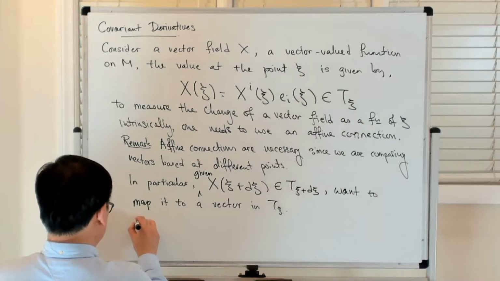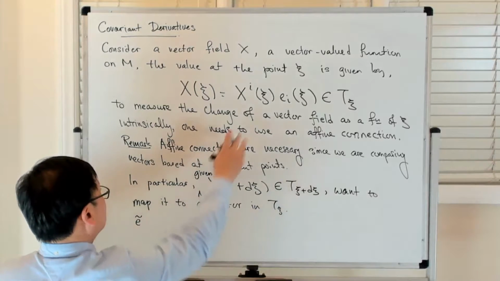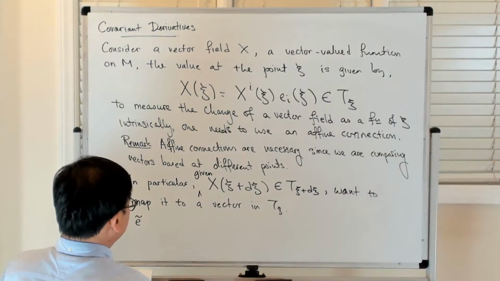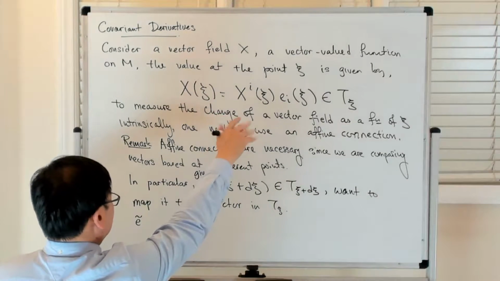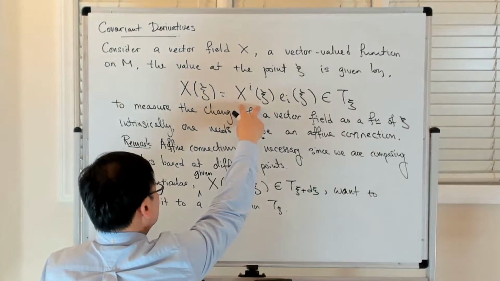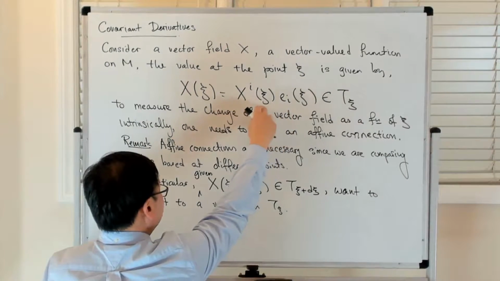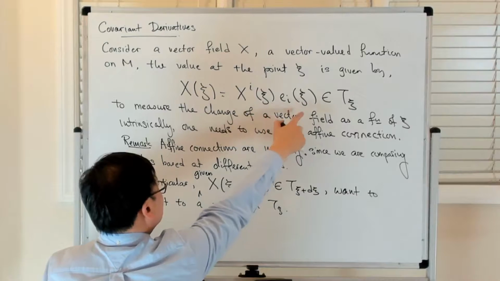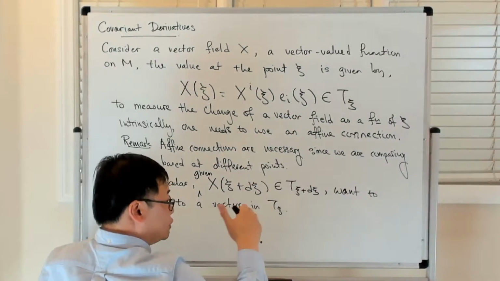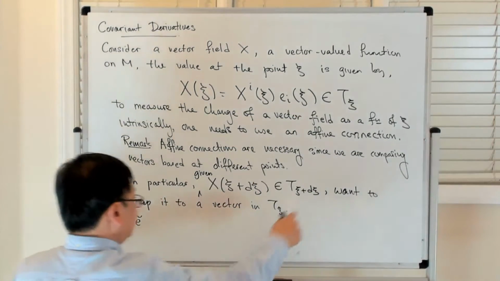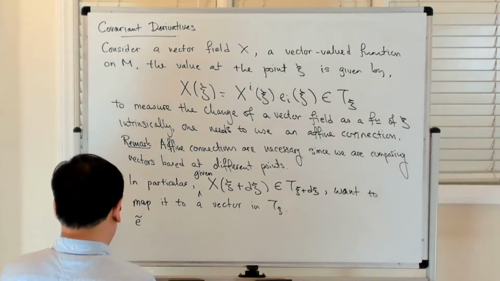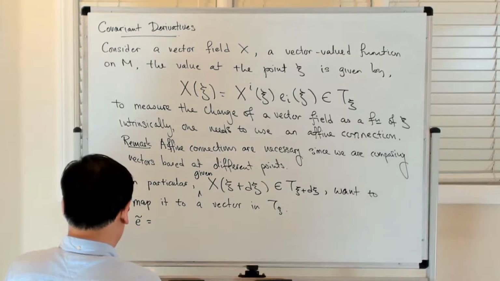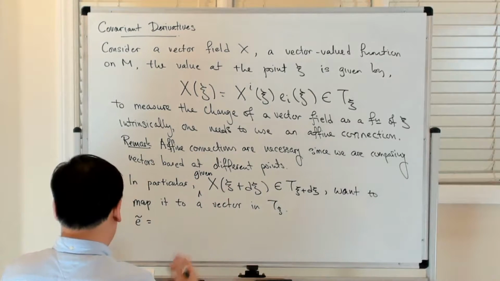In particular, because of the way we've written this vector field, as a coordinate value which depends on the position as well as a set of basis vectors, we have to see how these basis vectors at the nearby point transform back to the initial base point. And if you recall, that's how we introduced this affine connection, to address exactly this question.